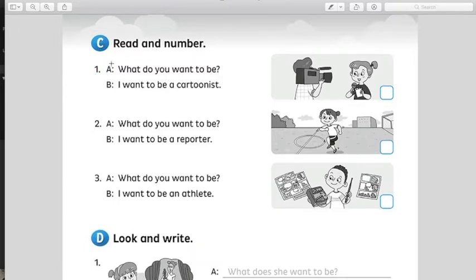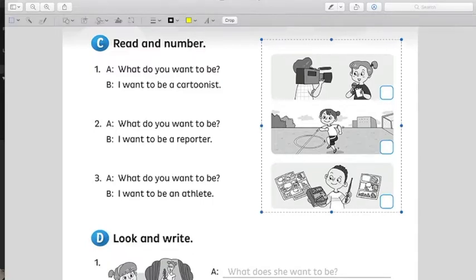So for number 1, it says, what do you want to be? I want to be a cartoonist. So which one of these 3 pictures has to do with a cartoonist? This one, maybe not. This one, probably not. And this one looks like he is drawing, so he is a cartoonist.